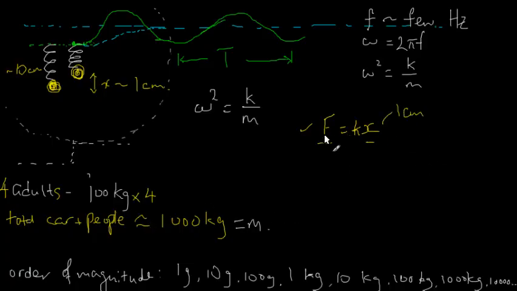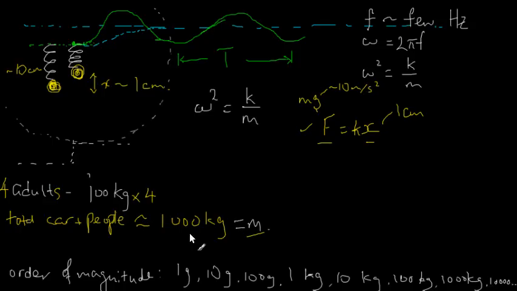And the F I would get from the weight, for which the mass I've already decided falls within the 1000 kilogram order of magnitude category. So to find the force, I want the weight, which is mg. Now I know that g is 9.81 meters per second squared, but since I'm doing rough orders of magnitude calculations, rough but still reasonable, and reasonable is important, I'm going to take this as roughly 10 meters per second squared.